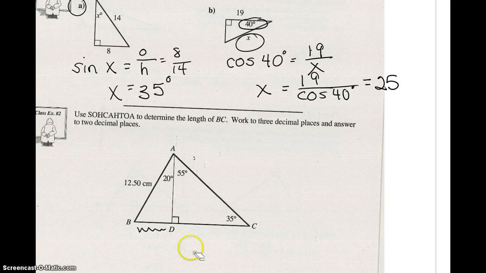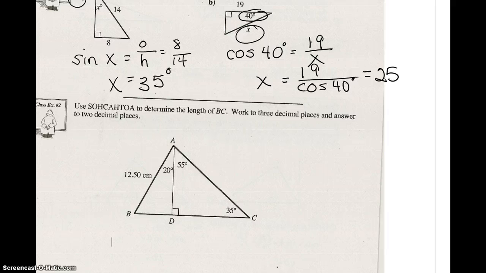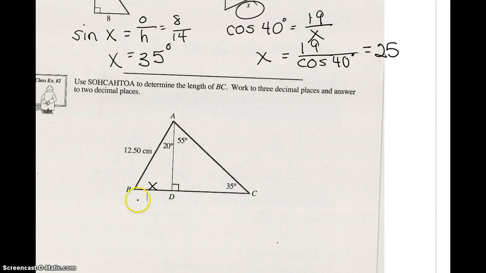So how do we go about that? Well, the first thing we're going to do is solve for x. Let's do the BD first, because that's pretty straightforward. So BD, which we're going to call x. We have an angle right here. It's sine 20 degrees.